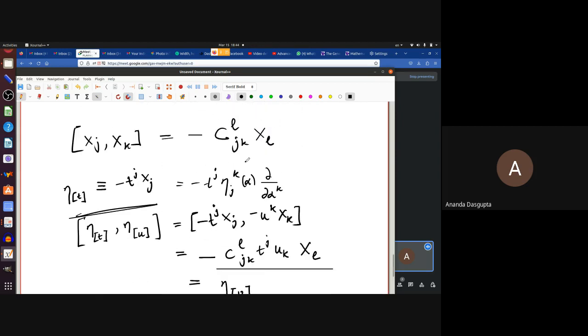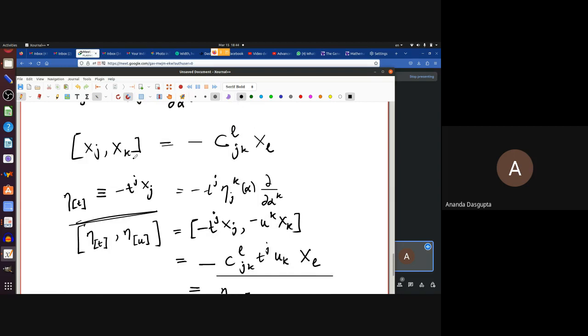This was a proper commutator. XJXK was a proper commutator. You actually use XJXK minus XKXJ, right? These are differential operators. So XJXK minus XKXJ, that makes sense. You can actually think of what that actually is.